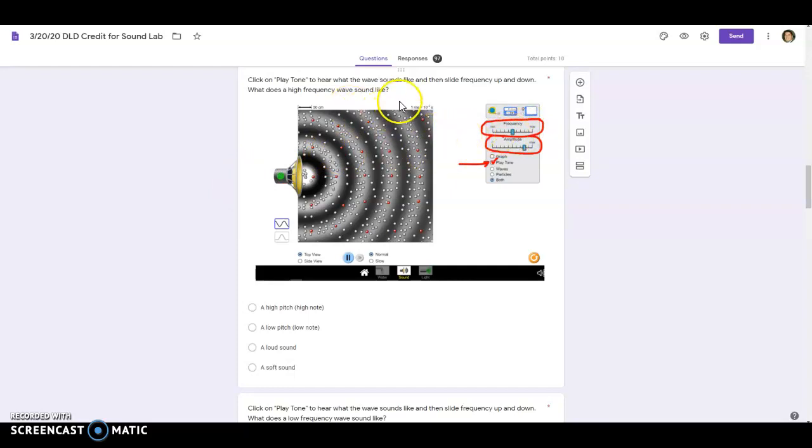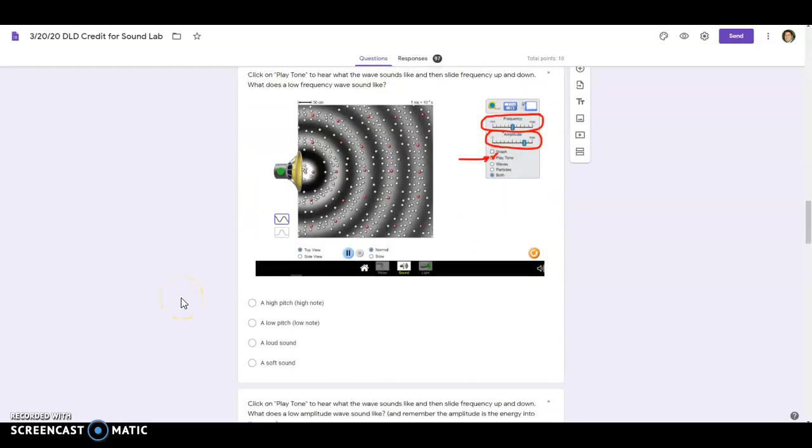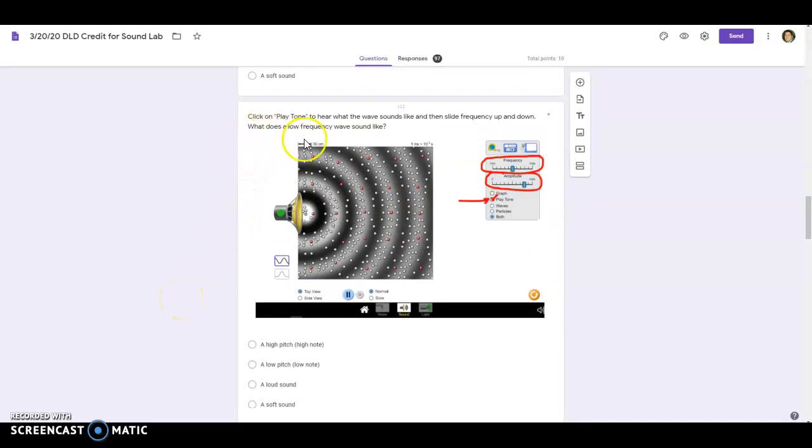A higher frequency wave is going to be a higher pitch, a higher note, a higher tone. So those go together. Those are directly related. Higher frequency, higher pitch. Again, a lower frequency then, if this is directly related, the lower the frequency, the lower the tone, lower the pitch in this particular application on PhET.